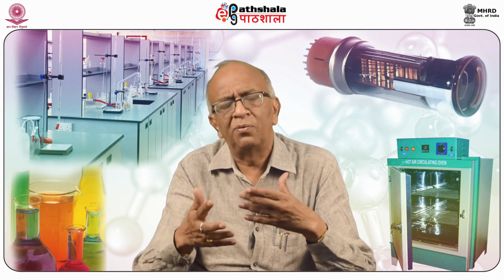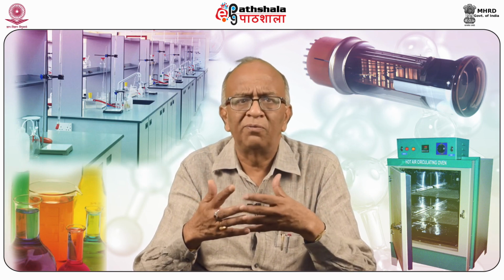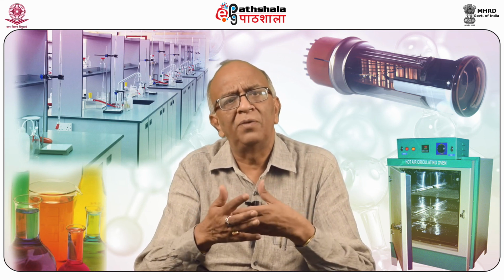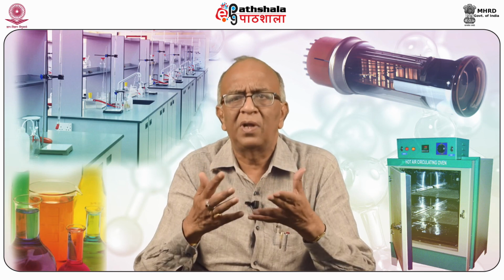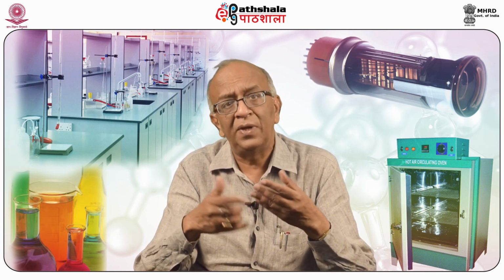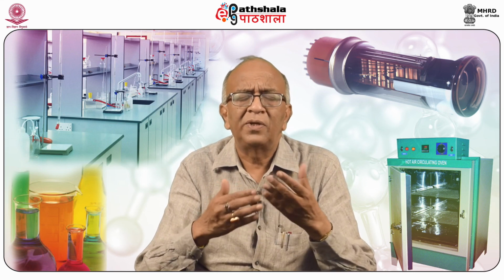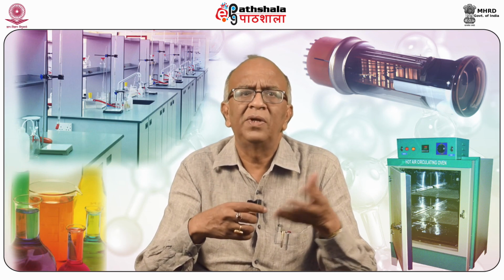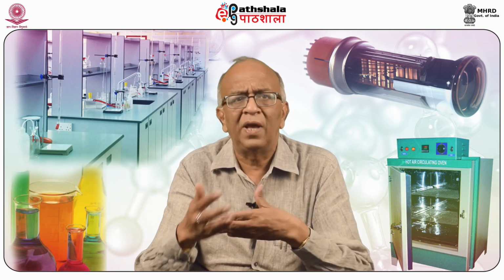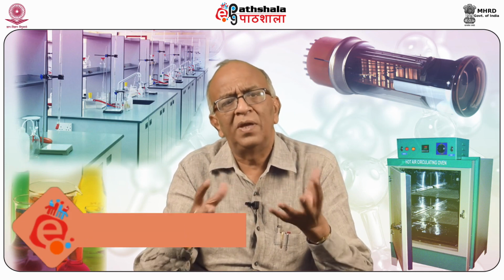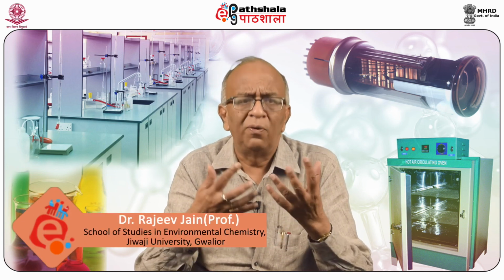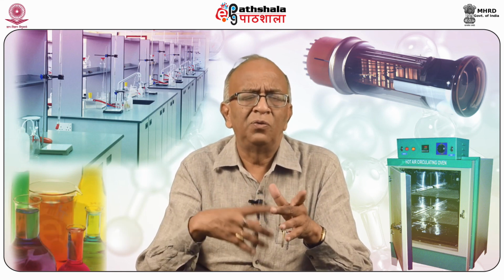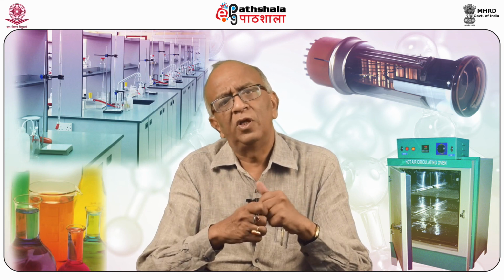For example, if I have to estimate lead by complexation with dithizone, a very deep yellow color is obtained. So by measuring its extinction coefficient, we can find out how dilute a solution of lead we can estimate. If the extinction coefficient is very high, it indicates that we can measure dilute concentrations of that particular ion. So this is one of the unique features of UV visible spectroscopy.